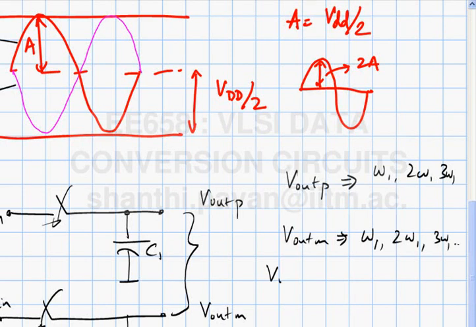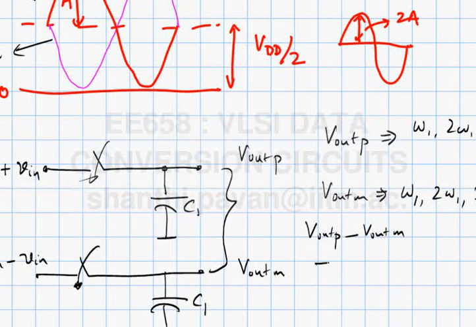But what about V out plus minus V out minus? Only odd harmonics will be there. So this is another important advantage of differential operation, namely you have gotten rid of all even harmonics.